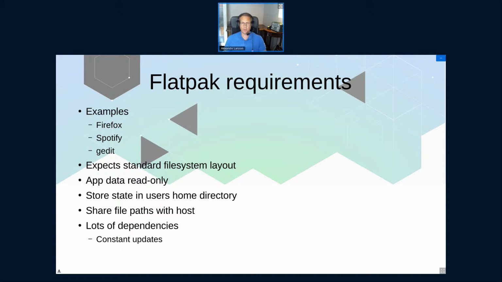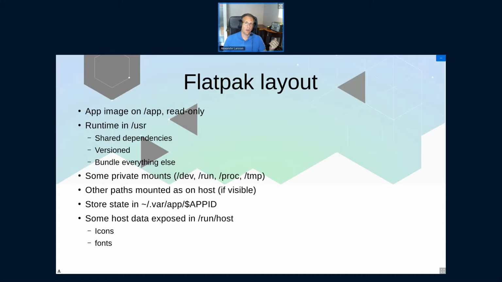Like you were opening this home/alex/blah, and suddenly it's not there because we started an app. So it's very different. Basically, the requirements are such that rather than the sandbox being independent of the host, it's very tightly tied to the look of the host. And also, where a Docker container doesn't have a lot of dependencies, typical desktop apps do have a lot of dependencies. So as a result, the layout is completely different.